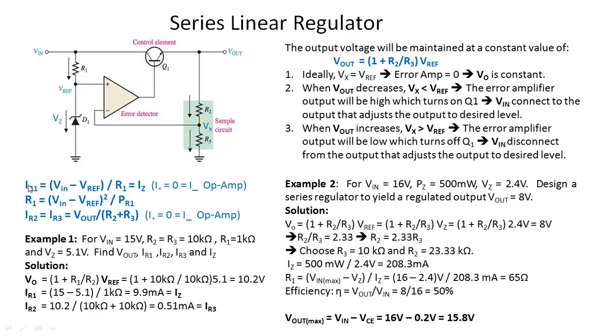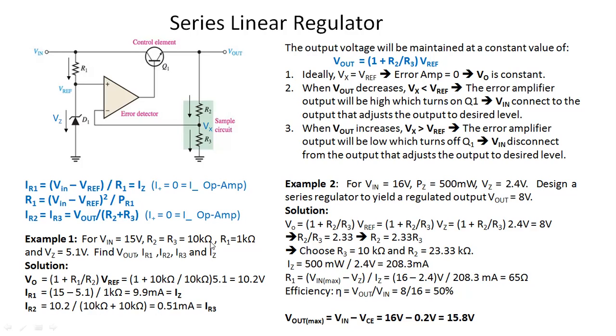But if you multiply numerator and denominator both by V in minus VREF, you will get V in minus VREF whole square in the numerator, and in the denominator you get I into V in minus VREF. So you can take that as power, and you will get that equation for the resistor. And if you are solving for IR2 and IR3, according to Ohm's law I equal to V by R. So you can take V out upon the total resistance, that will be R2 plus R3.